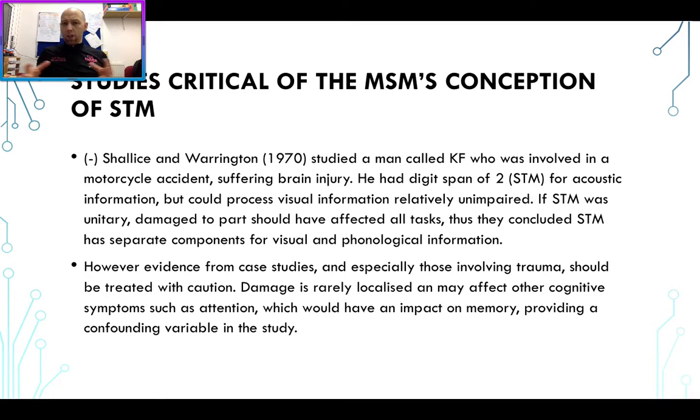No 2 individuals have the same brain damage, even if they undergo exactly the same process, because of the way the brain develops, and it develops slightly individually in everyone. Even the same damage wouldn't necessarily have the same effect. So we could question whether or not the damage in KF's case directly affected short-term memory, or whether it affected another cognitive system, like his attention system.